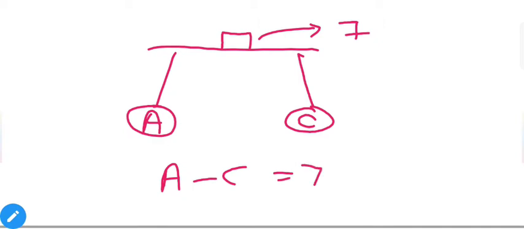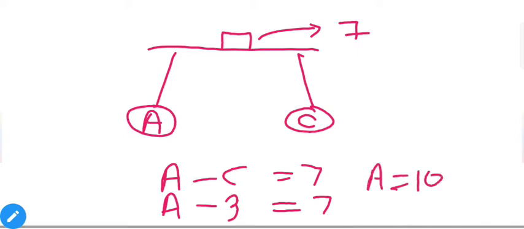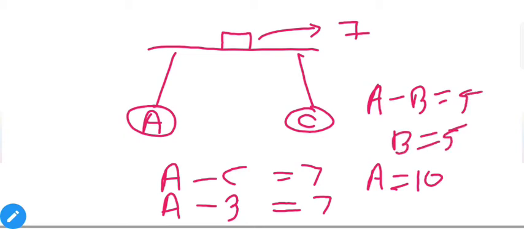Now we know that the mass of C is equal to 3. That means A minus 3 is equal to 7. So we can say that A is equal to 10. Now if A is equal to 10, then earlier we found that A minus B was 5, so B must be equal to 5.